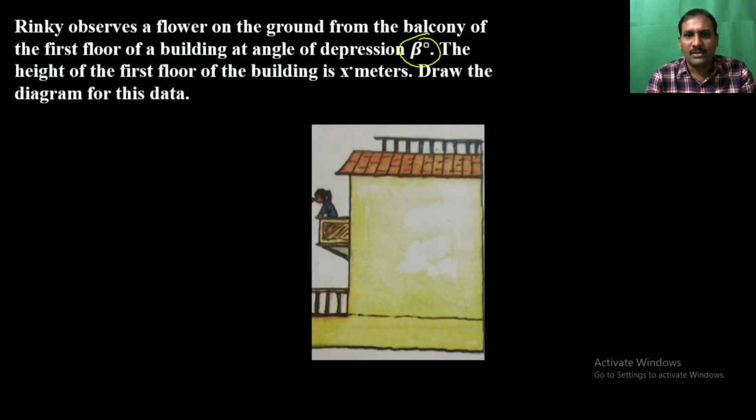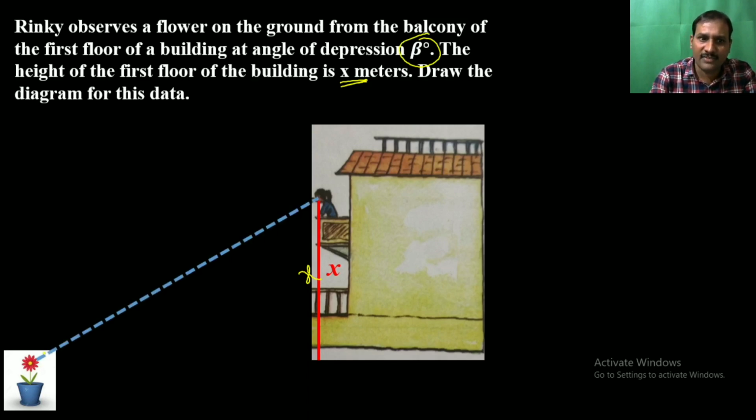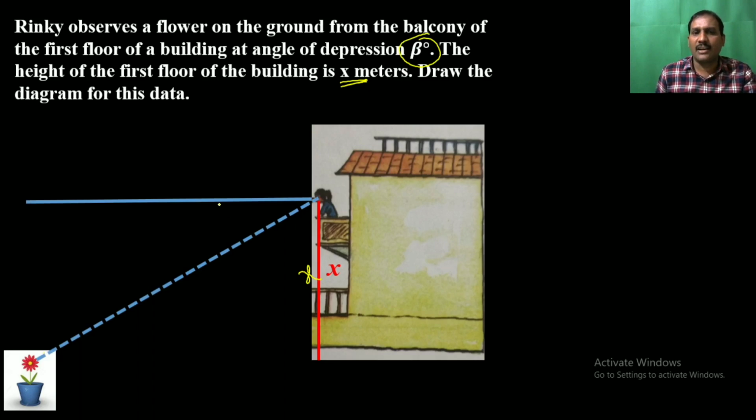Okay, so let us take Rinky first. She is observing something on the ground, standing on the balcony of the first floor. And what is the height of the first floor they have given? The height of the building is x meters. Let us say this is x meters. Now she is observing something on the ground. Let us say she is observing the flower. So this is the line of sight and this is the horizontal line.